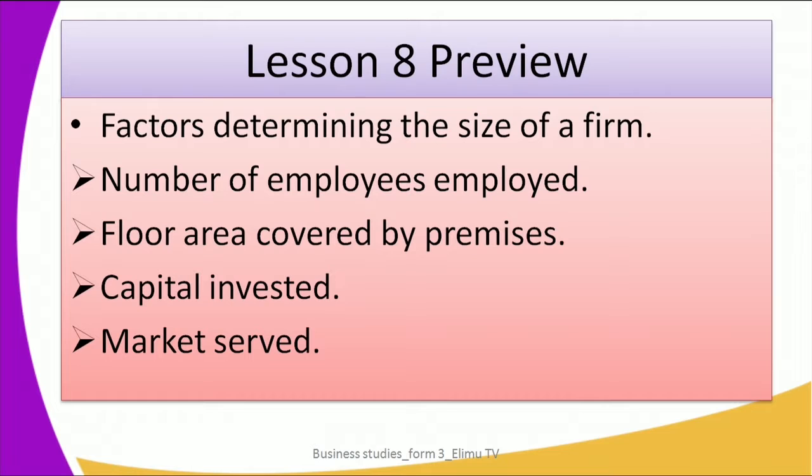So a bigger farm is expected to have more employees. The higher the number of employees, the larger the farm, and the smaller the number of employees, the smaller the farm.